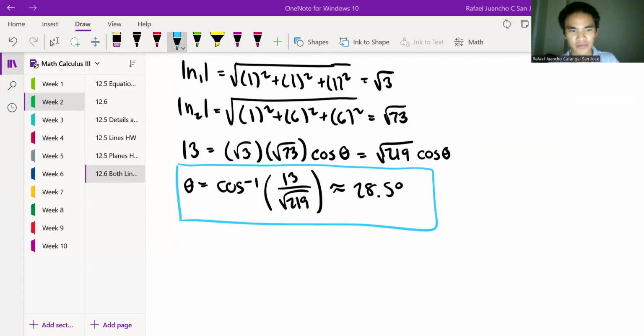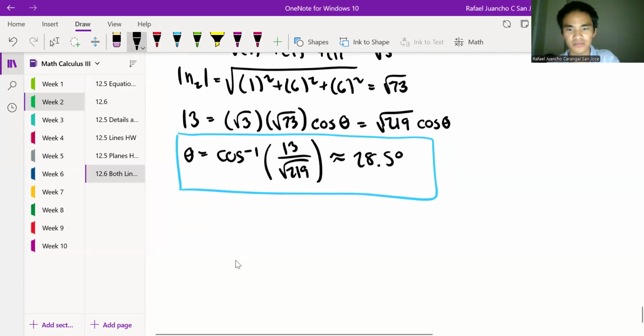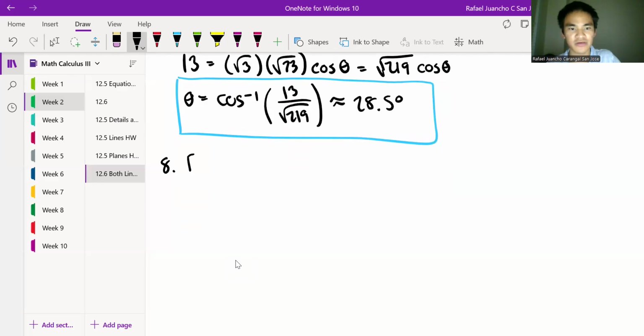Next, 3 more questions. So here we find the equation of a plane.